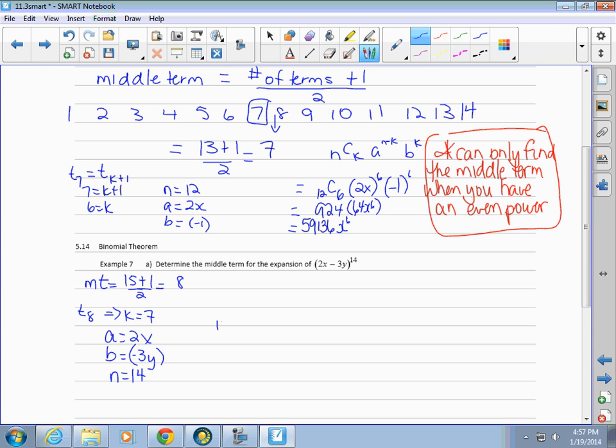So this is going to be 14C7 times my a, which is 2x to the power of n minus k, so 14 take away 7 is 7. And my b value was negative 3y to the power of 7.